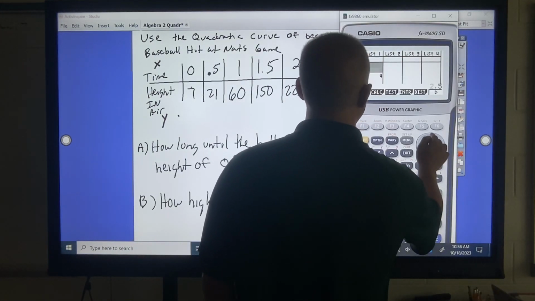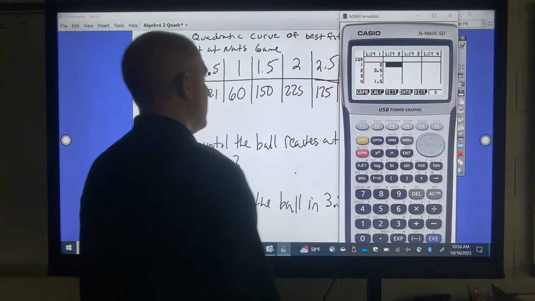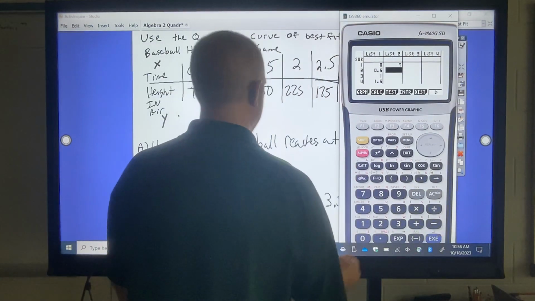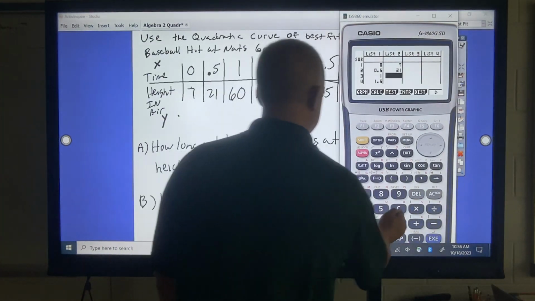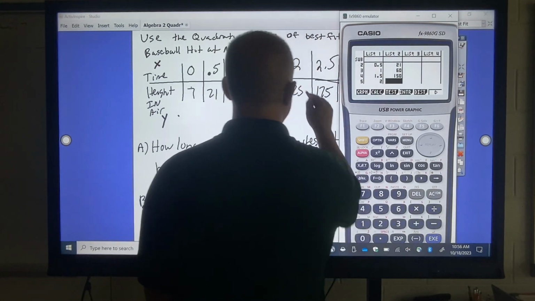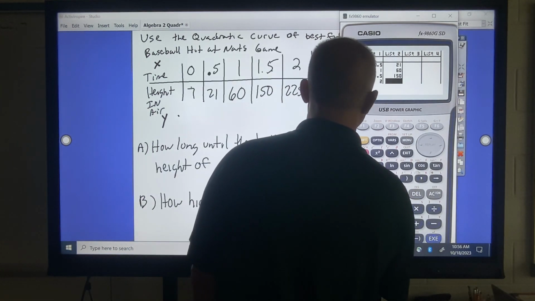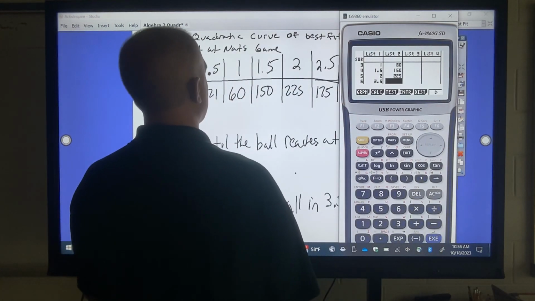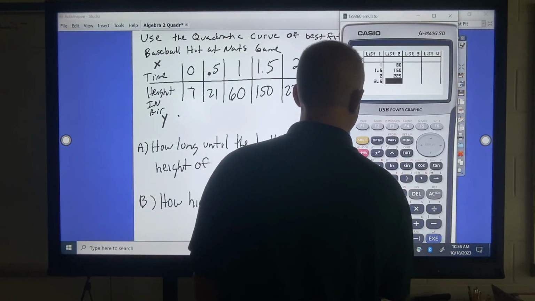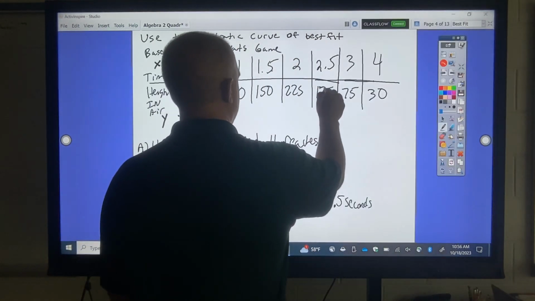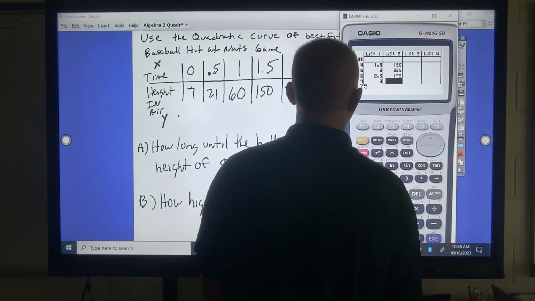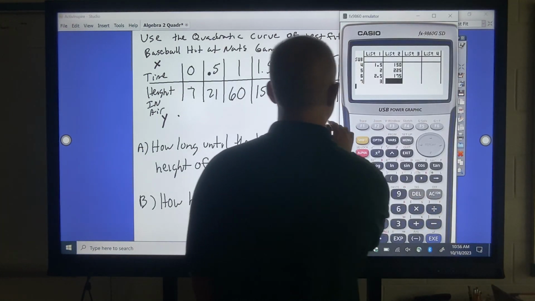Now I'm going to put the Y values in: 7, 21, 60, 150, 225, 175, 225, 75, 30.